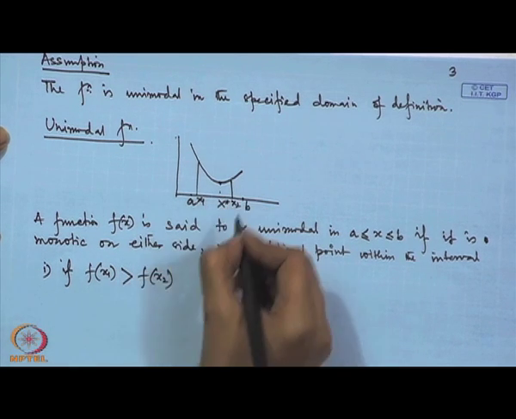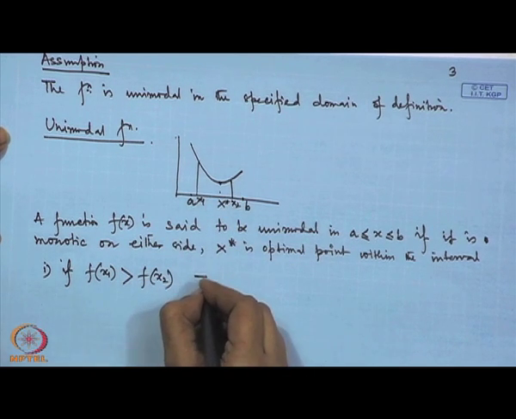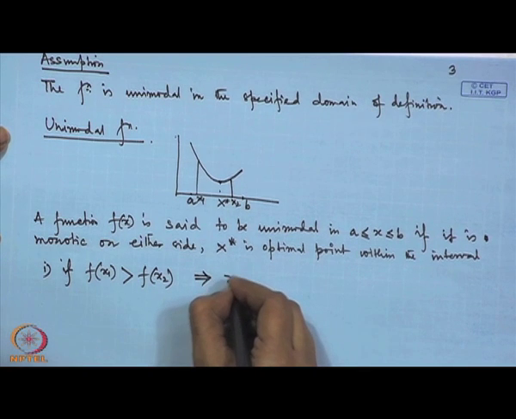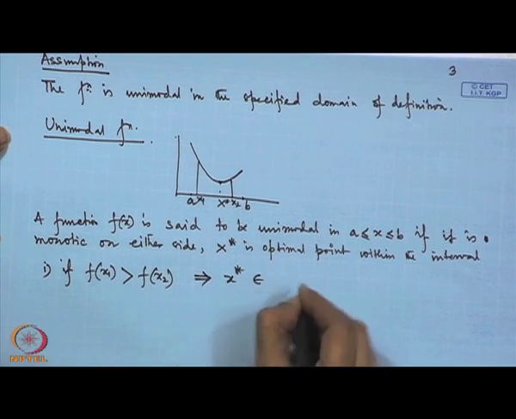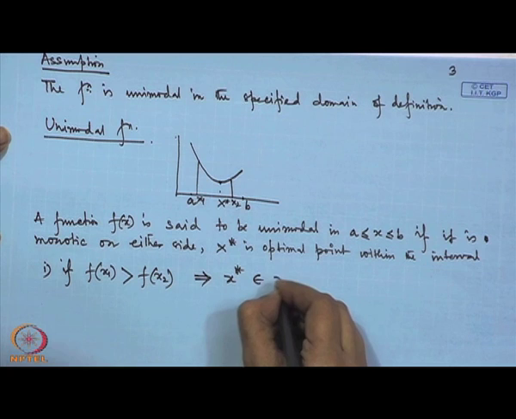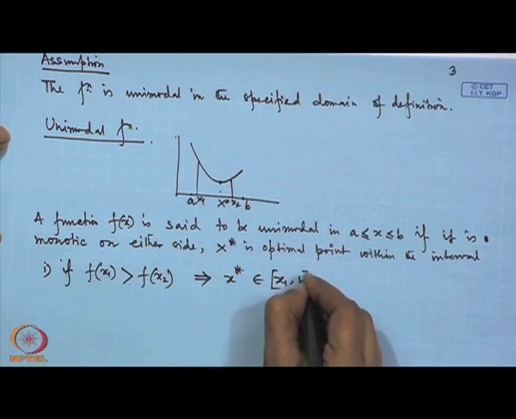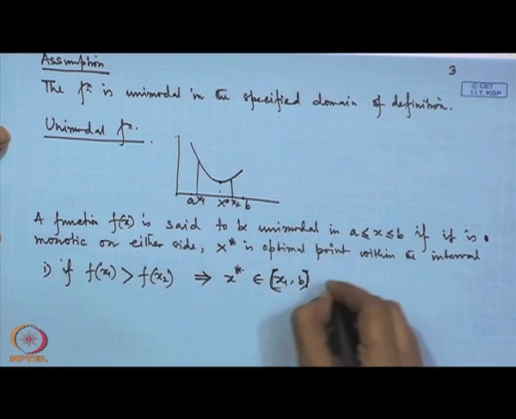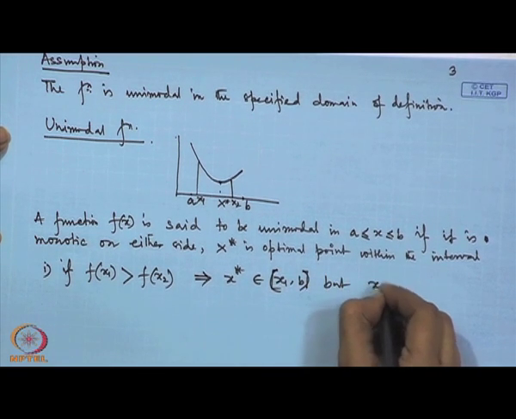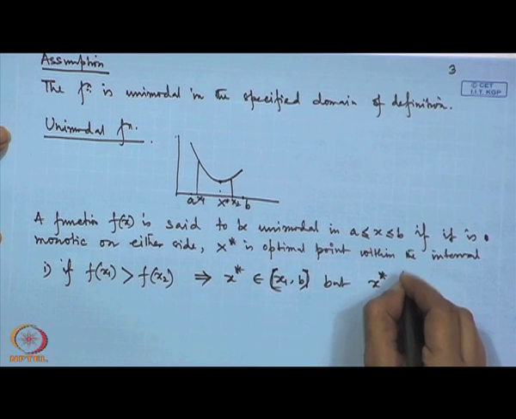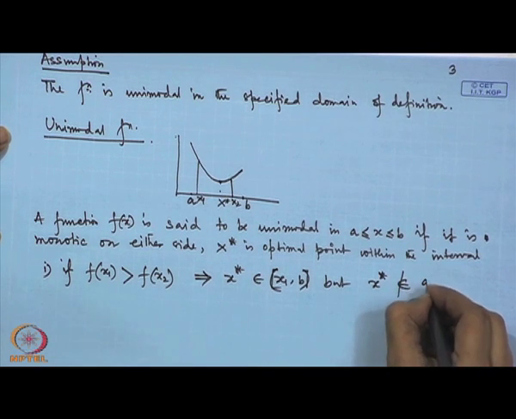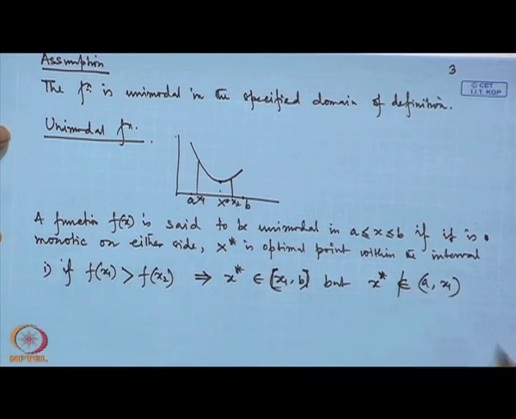Then we can see f(x1) is greater than f(x2), which implies that the optimal solution must exist within x1 to b, but the optimal solution cannot be within a to x1. All right.